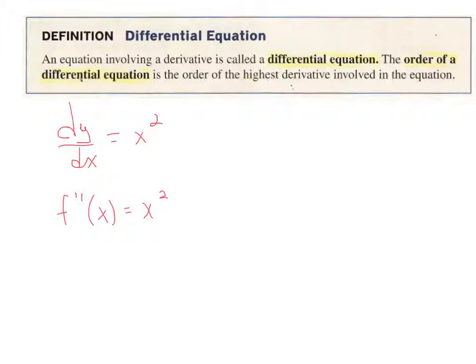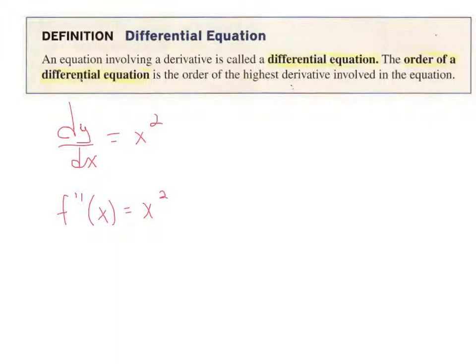So it's just the highest derivative involved which is the order of the differential equation. We will be dealing with mostly first order differential equations, although we will have some that are of a higher order as well as we go through these different problems that we'll be working.